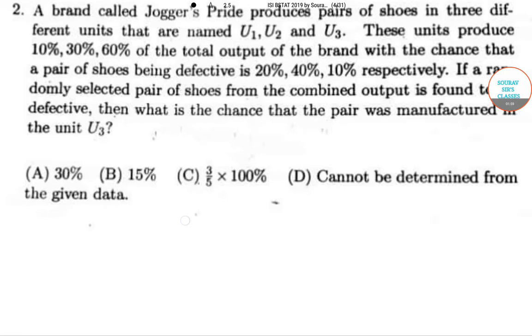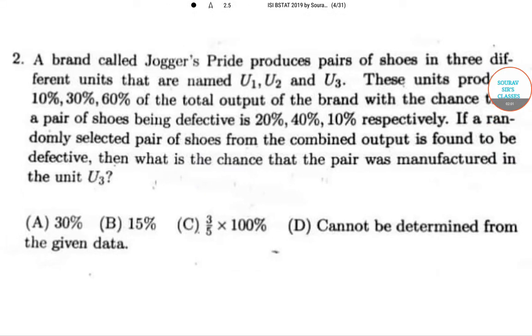This is the question on your screen now. Let's read the question. A brand called Jogger Sprite produces pairs of shoes in 3 different units.